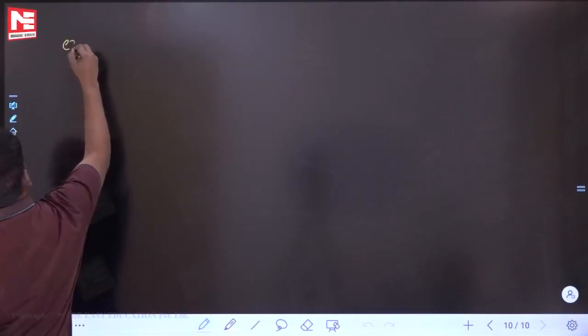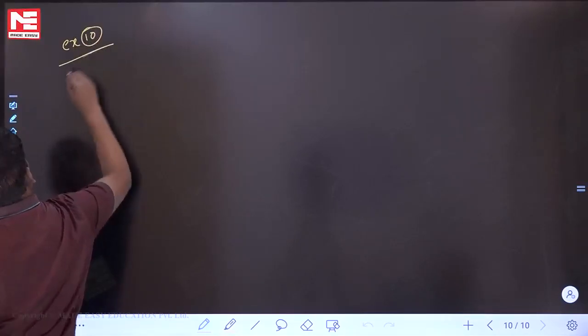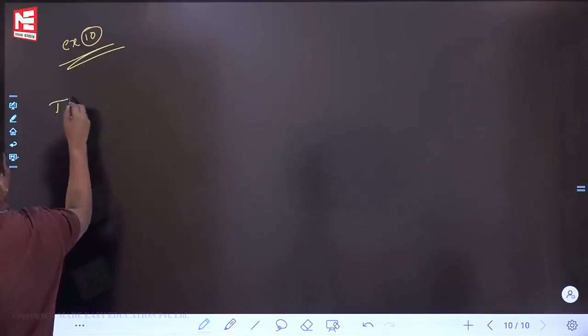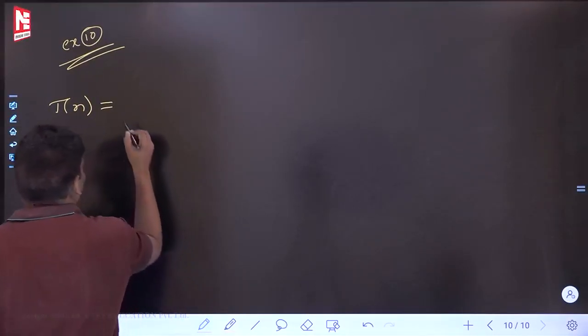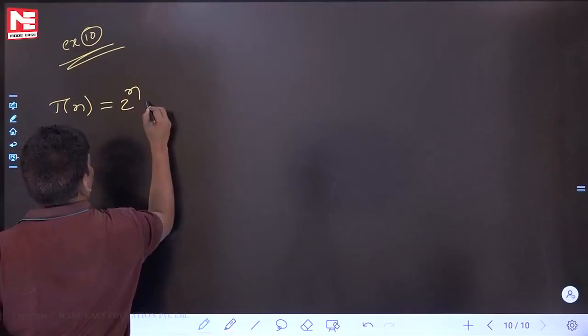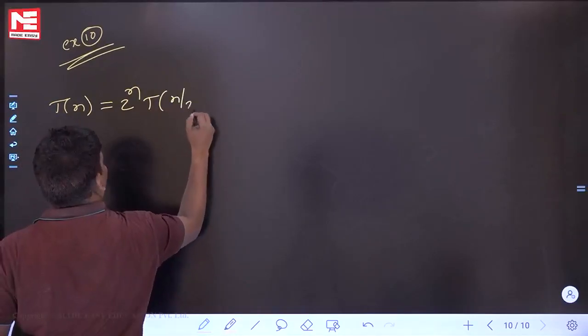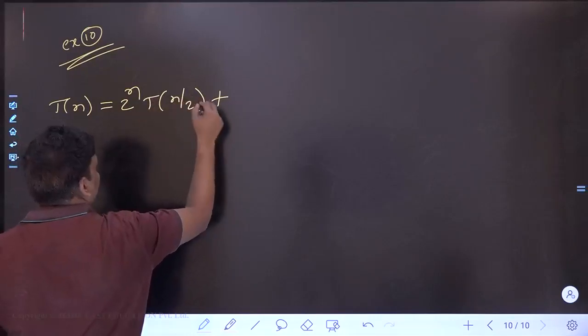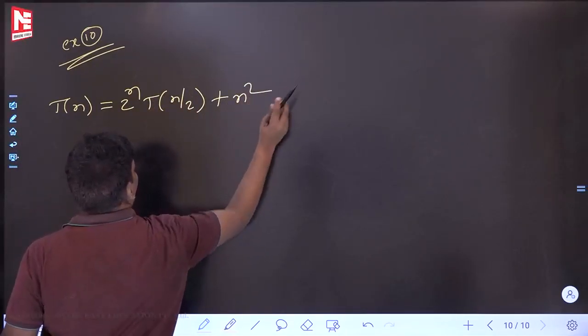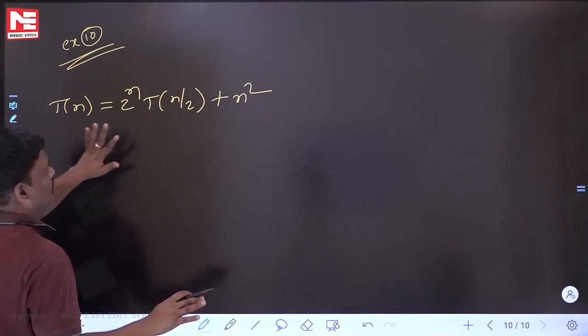A small thing is pending. See example 10. T(n) is equal to 2^n T(n/2) plus n square, assume this recurrence relation.